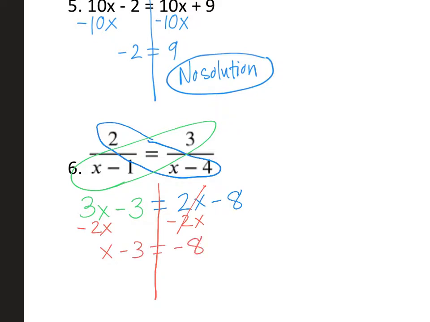My variable is on the left-hand side, and my constant is with it. I need to get rid of my constant, and I can do that by adding 3 to both sides. So now I have x equals negative 5, which is my answer. Make sure you go ahead and type that into the front page in that table next to number 6.